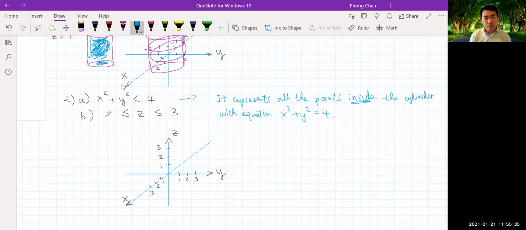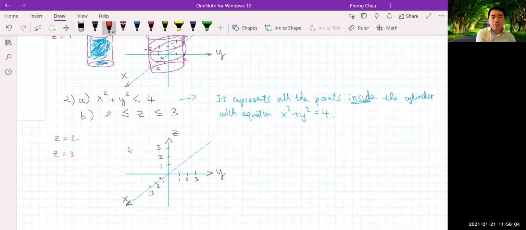Like to graph this inequality, I graph x squared plus y squared equal 4 first, and then figure out that it's actually inside instead of on. Same thing for the inequality in part B. You have to figure out the equation first. So what is the graph of z equal 2? And what is the graph of z equal 3?